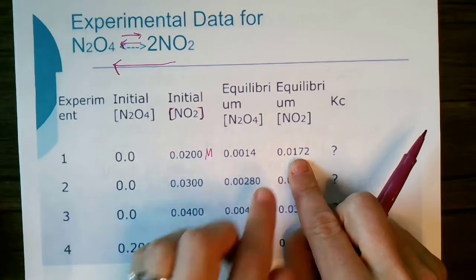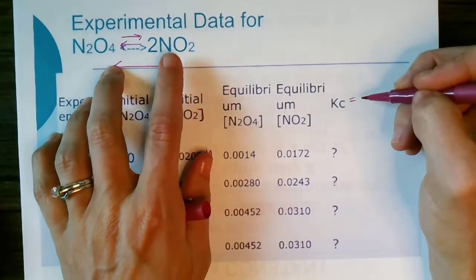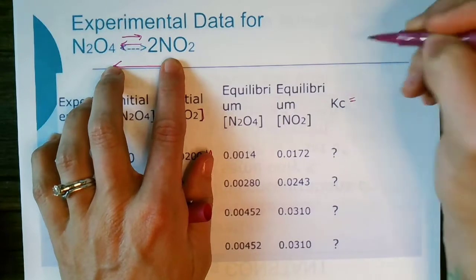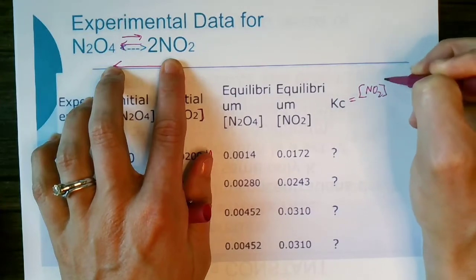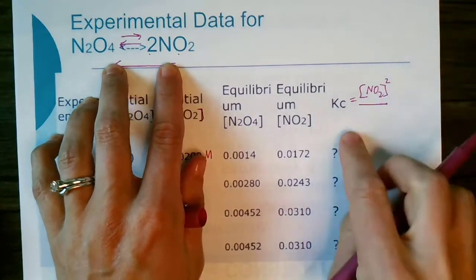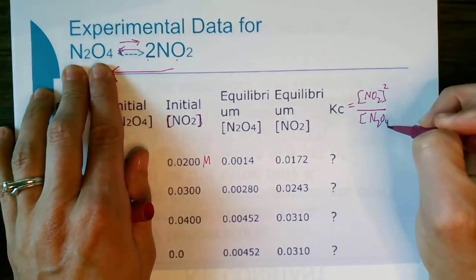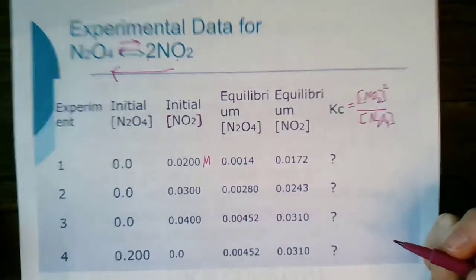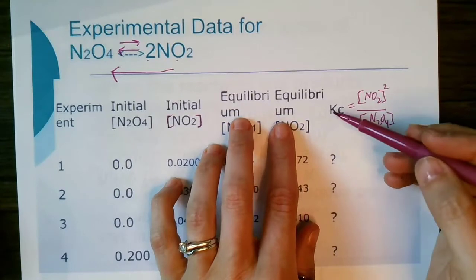So remember, our Kc we know is products over reactants, and we did this a couple slides ago. NO2 to the second power, right? Products to the power of 2 over reactants, which is a concentration of N2O4. So let's put this to the test and see at equilibrium, what is that constant?